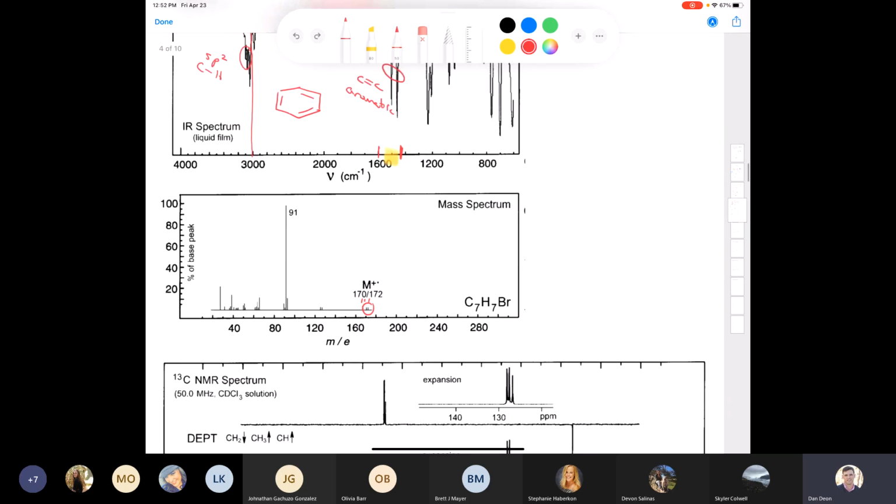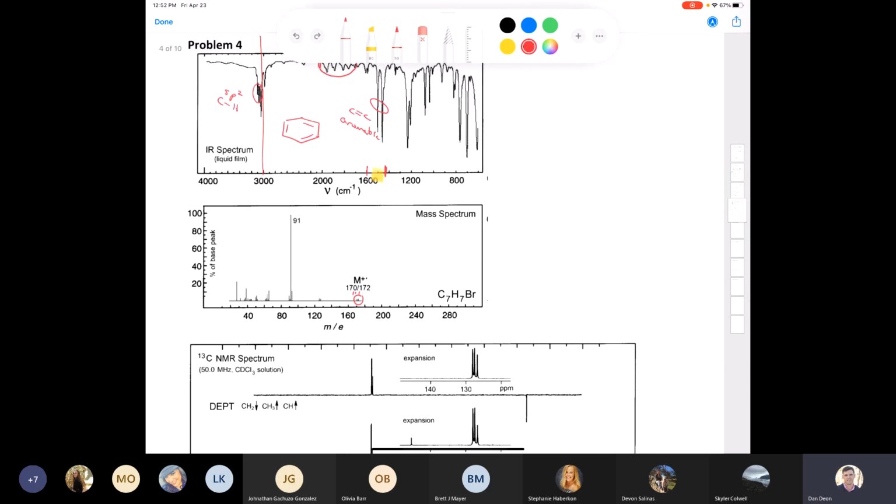Okay, so we know that we have an even mass. So we'll write no nitrogen present or an even number of nitrogens. We'll put here no Cl present, but bromine is present in our molecule.